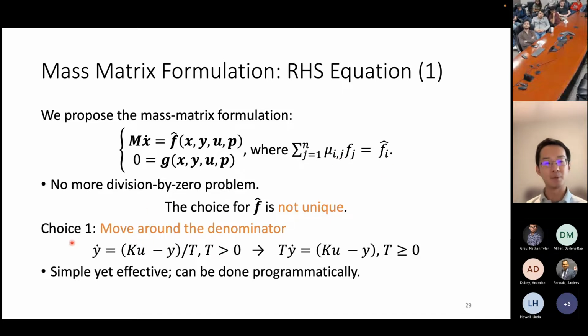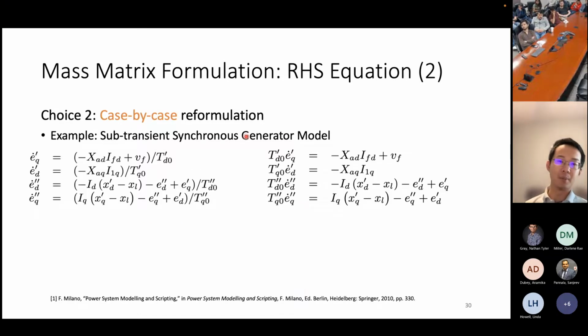The first, simplest choice is to move around the denominator. Just move the T to the left-hand side, and it becomes T times y dot equals the right-hand side. This is simple yet effective because it can be done programmatically. But we also note there is a manual reformulation technique by exploiting the specific structure in the model.